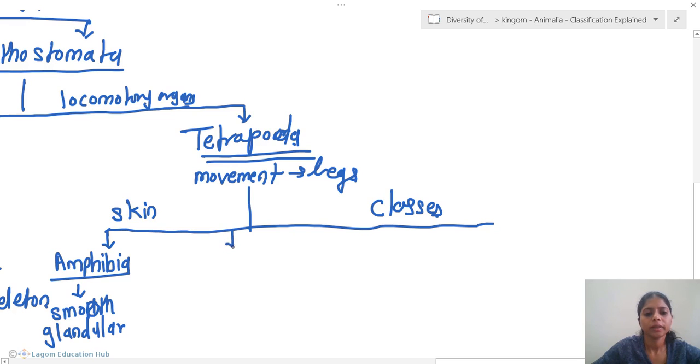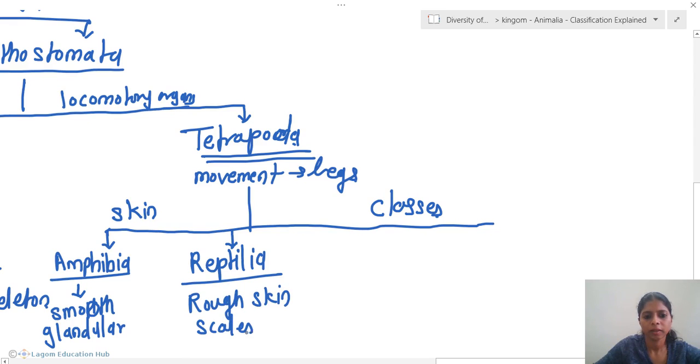Then the next class is called Reptilia, with rough skin and scales, like in snakes.